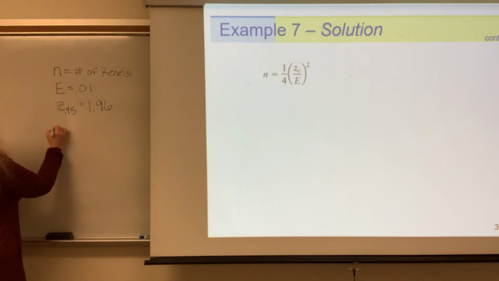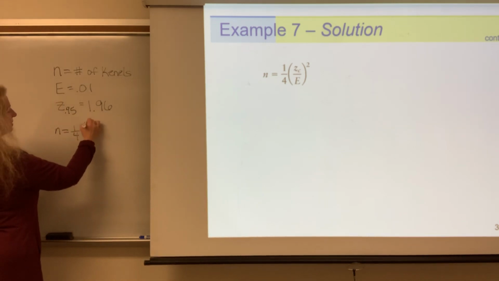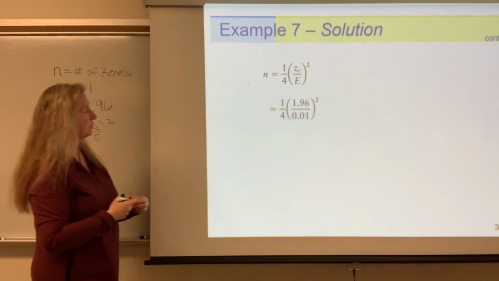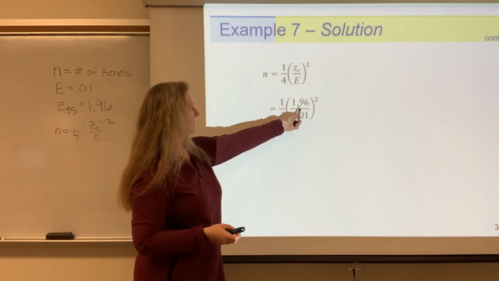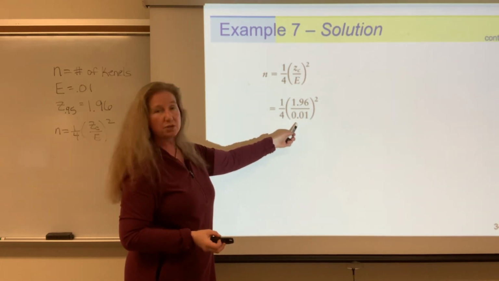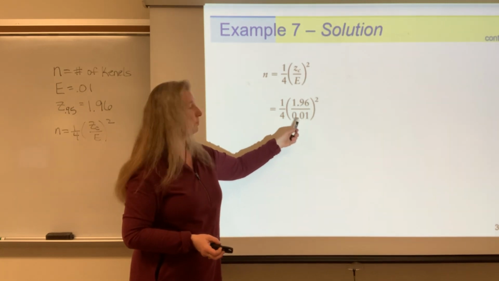So my formula: n equals 1/4 times z sub c over the error quantity, squared. I'm going to substitute my values. Here's my z sub c, the 1.96. Here's my maximum error. Again, this might be the boss saying you can't be wrong by more than 0.01.